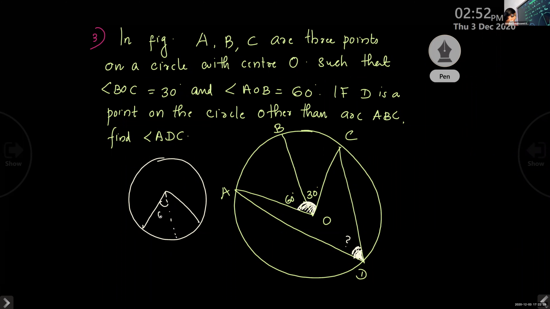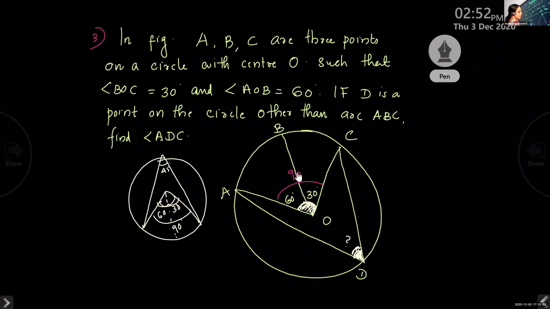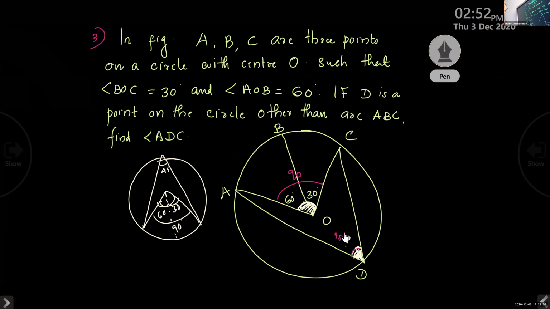One side it is 60 and the other side is 30. So the total angle will be 90 degree, and this one is half of it. So half of 90 is 45. Clear, children? The figure is turned, only that. This angle is 90 degrees, so it is half of it, so it is 45 degree. Clear? All of you?